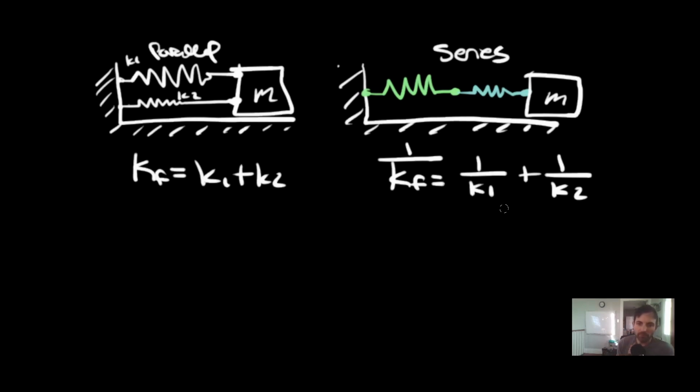So if you're in a parallel setup, you can just add the spring constants together. But if you're in a series setup like this, it's the reciprocal. It's 1 over the final spring constant is going to equal 1 over the spring constant of 1 plus 1 over the spring constant of the other. And then you can do 1 over that value and get your spring constant.